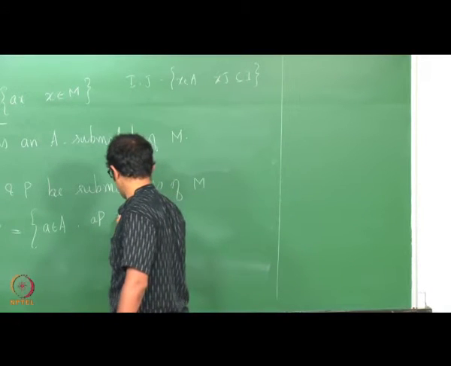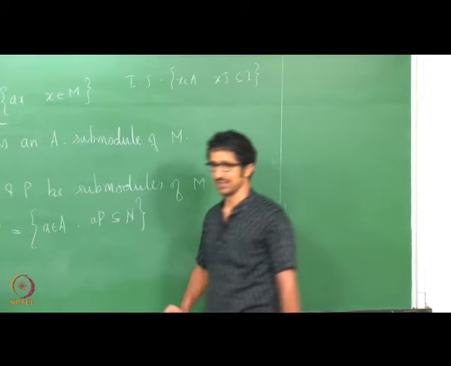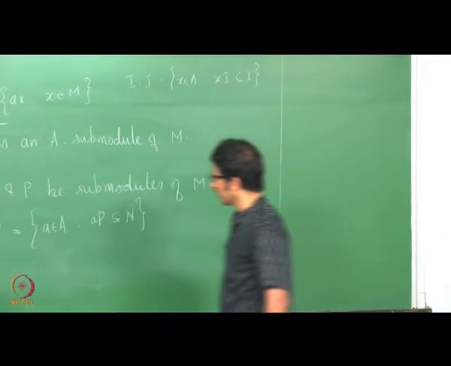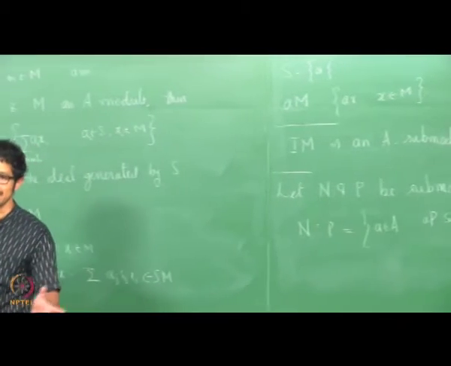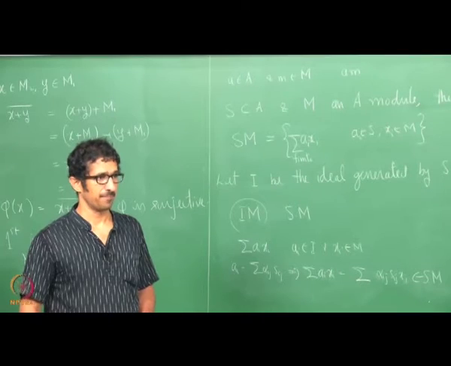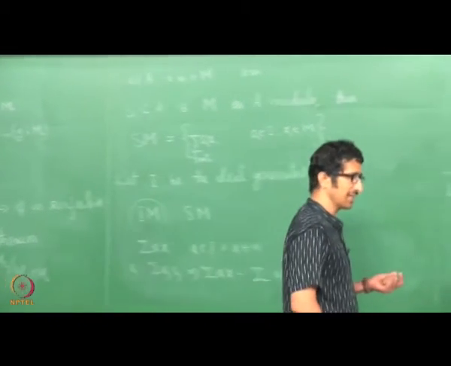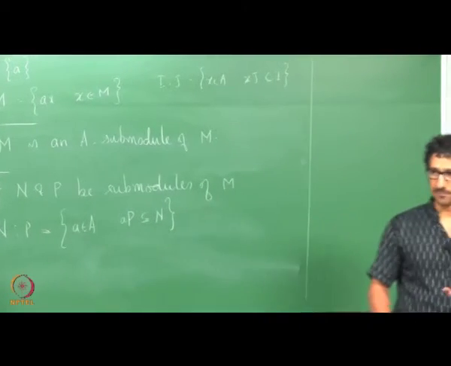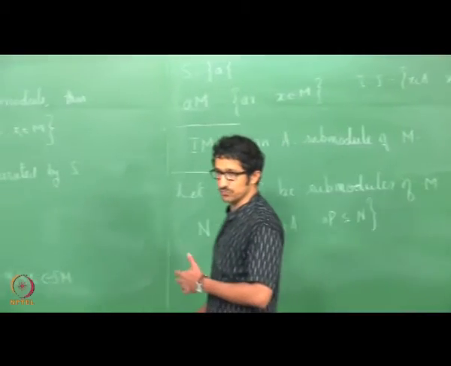So, what I want is this should be inside N, it is a submodule of N. But now what we have obtained is a set in A, not in M. So, the colon operation in modules gives a set in A. So, if you have a set in A, what question would you like to ask?